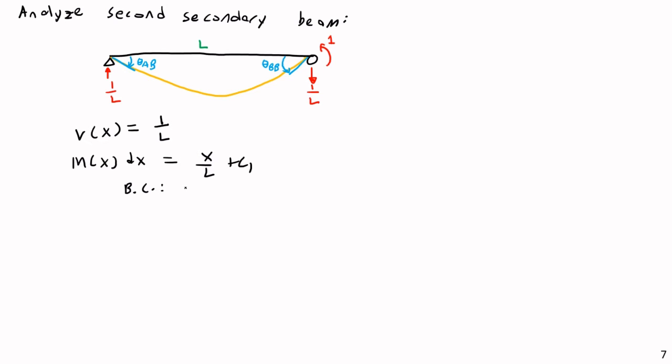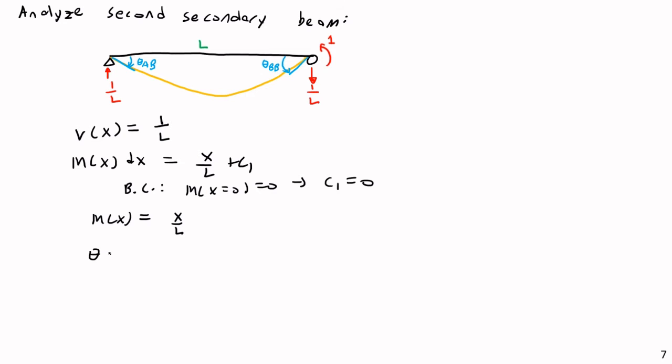So I can just say that M at x equals 0 is equal to 0, and that leads us to c1 being equal to 0. So that means that M as a function of x is simply x over L.